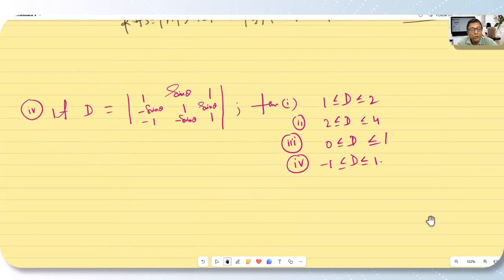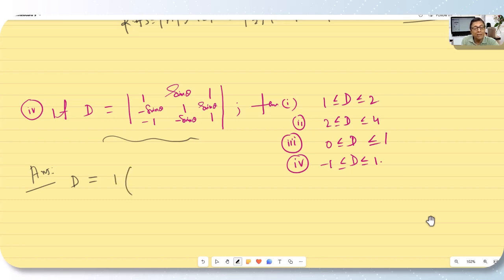Now let us go for this one. If d equals this, then d is what? The age of this time is of MCQ questions mainly. So you must know how to answer this. Before you answer, I have taken this just after expansion, meaning the properties of determinant will not be very good for you here.